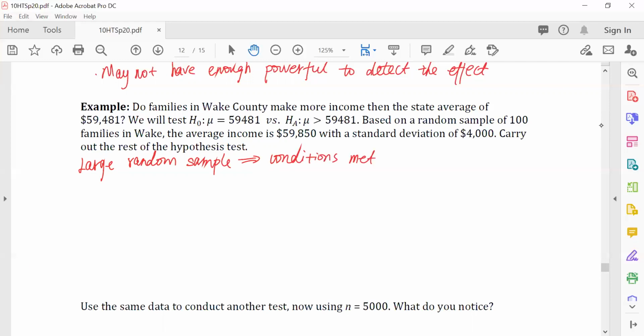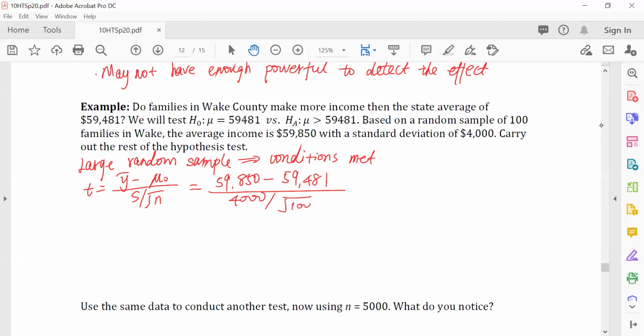Then the next step, let's calculate the test statistic. This is the formula to calculate the test statistic, and if we plug in the numbers we got from the question, this is our sample mean minus the mu naught, divided by the sample standard deviation over the square root of the sample size 100.